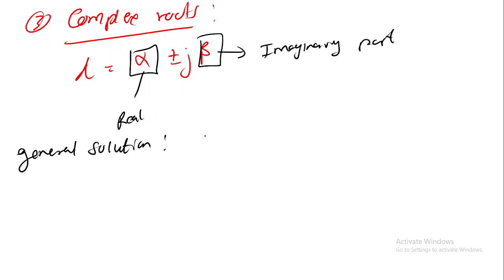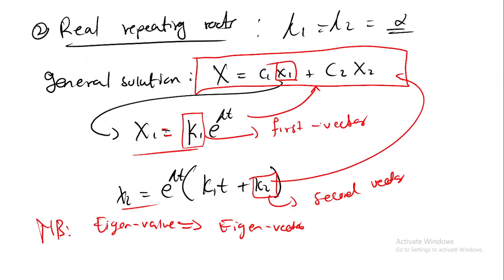The general solution is given by this formula, x equals c1 x1 plus c2 x2. But in this case, since we have complex roots, our x1 is not going to be the same as this x1 here. This is only for real repeating roots.